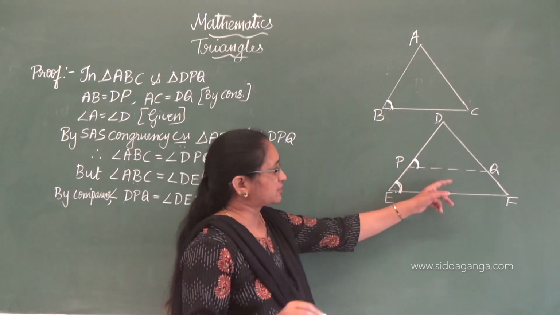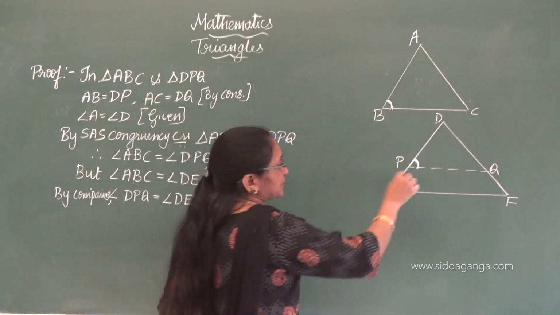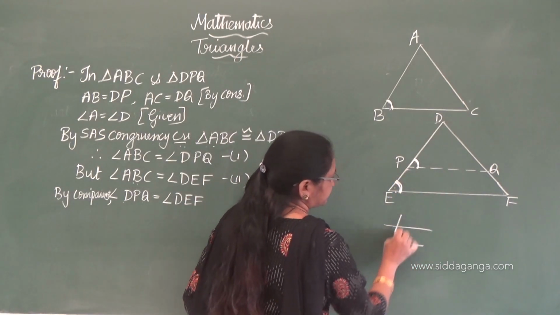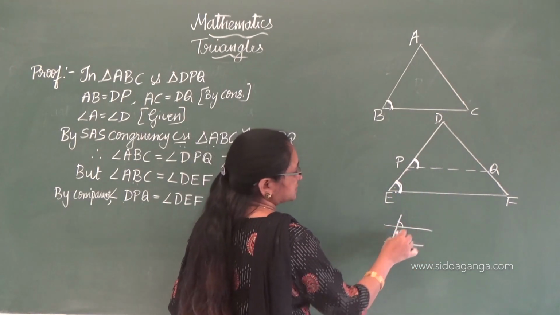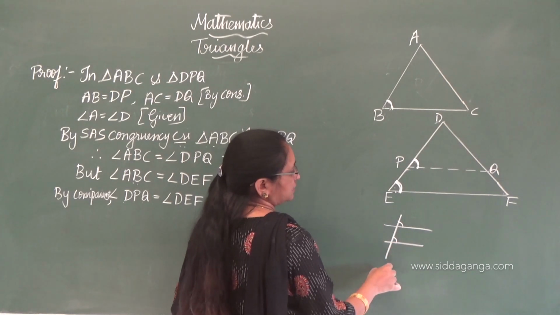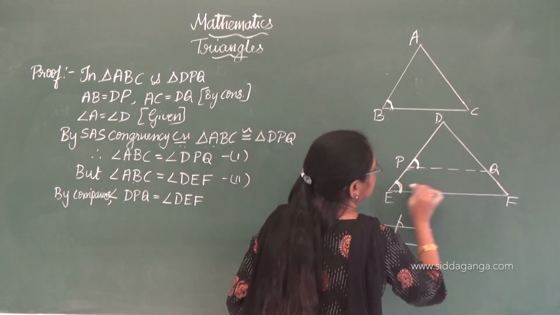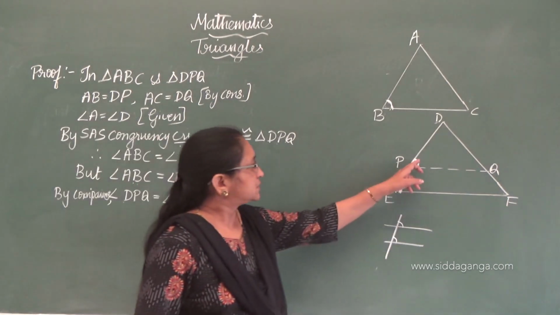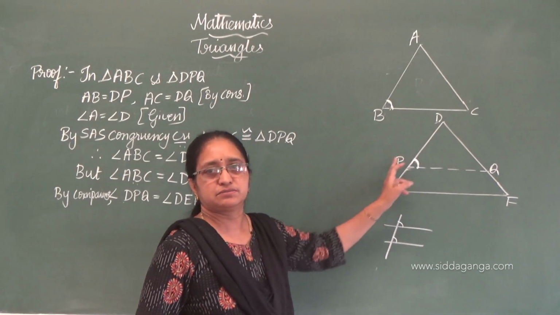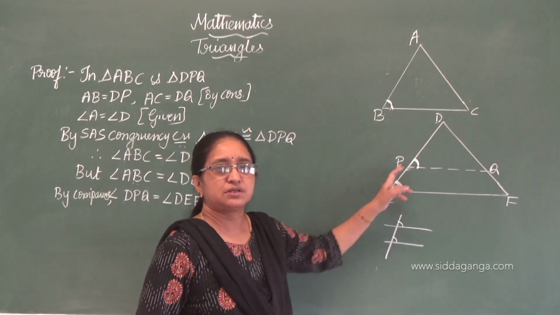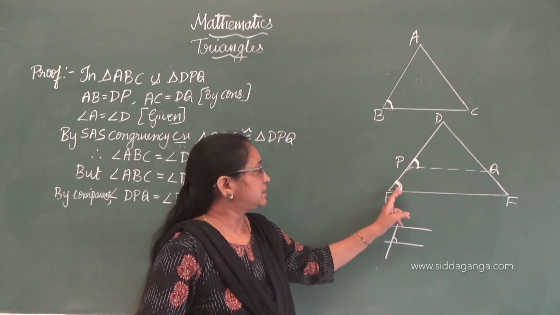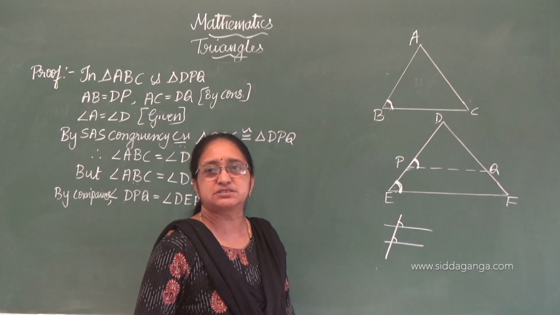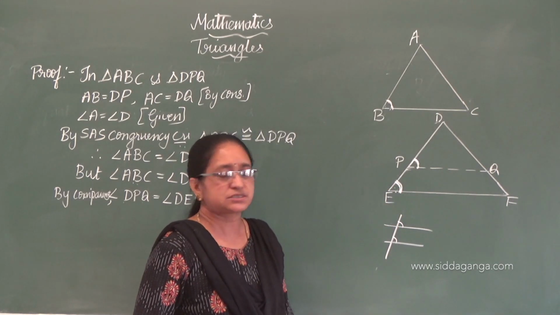So, just observe carefully here, when this is a line, and this angle and this angle are equal, definitely PQ is parallel to EF, do you agree? Because the corresponding angles are equal. This is a basic concept which you have studied in 6th, 7th, 8th standard, isn't it?